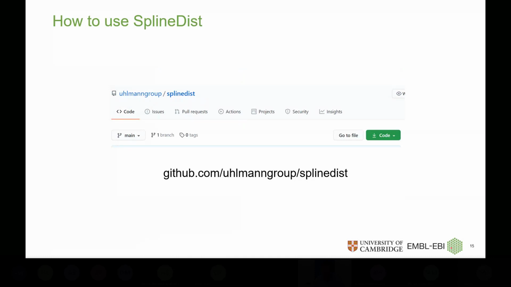So how can you use SplineDist? We have a Git repo which also provides a couple of useful notebooks for walkthroughs. If you want to have a look under the hood at the machinery, then this is the starting point that you would perhaps like to use.